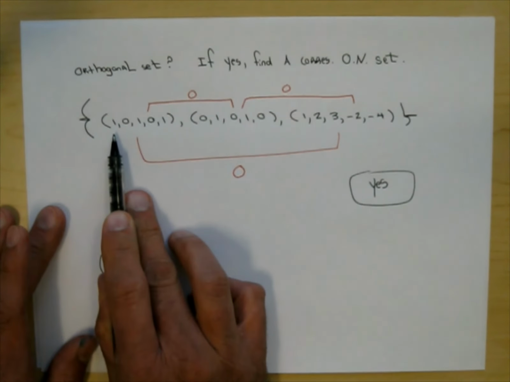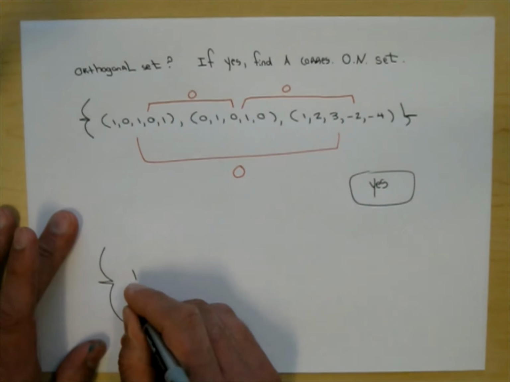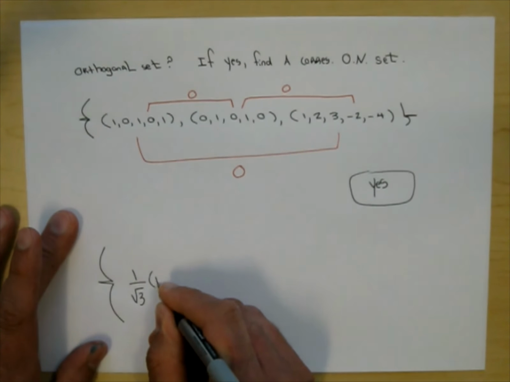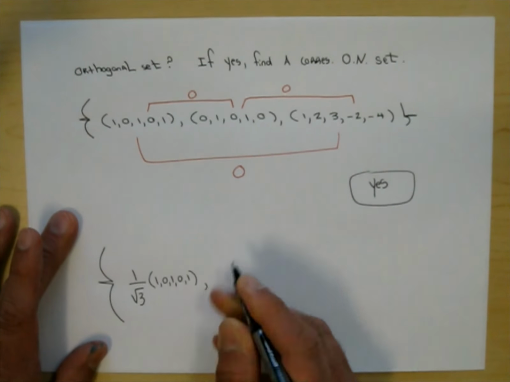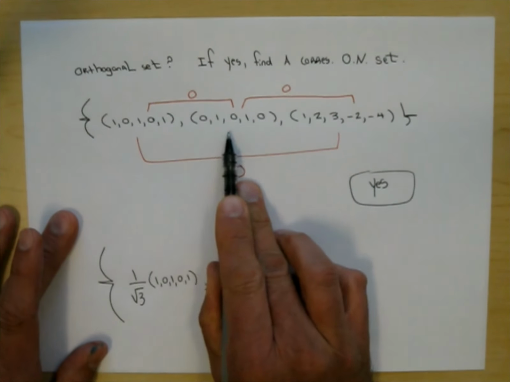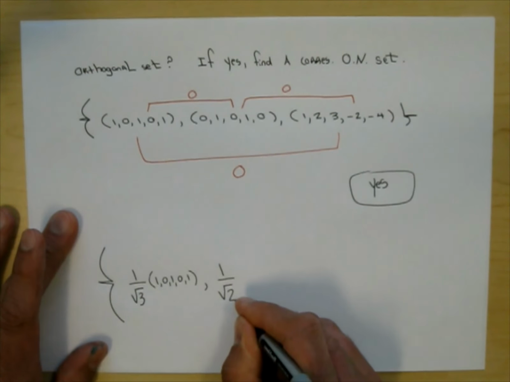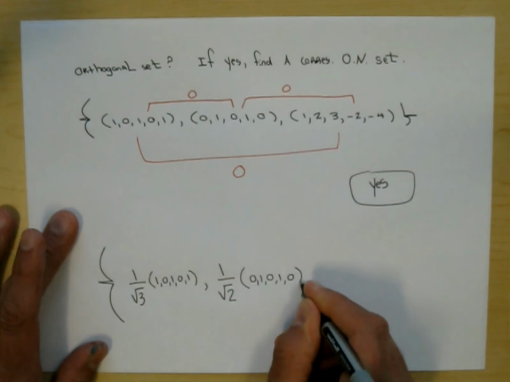So 1 plus 0 plus 1 plus 0 plus 1. So that's going to be the square root of 3. So the first one's going to be 1 over root 3 times 1, 0, 1, 0, 1. This one has length root 2. So 1 over root 2 times 0, 1, 0, 1, 0.